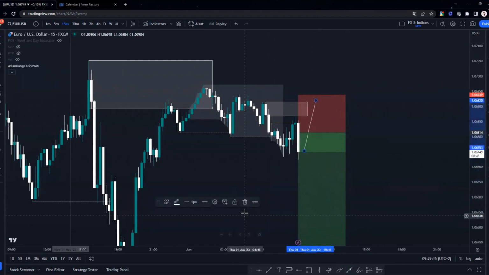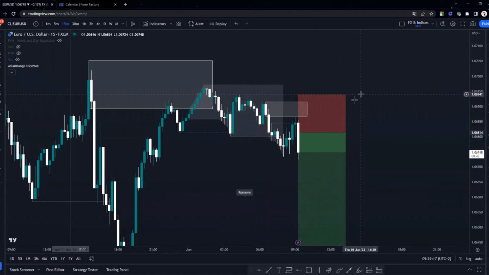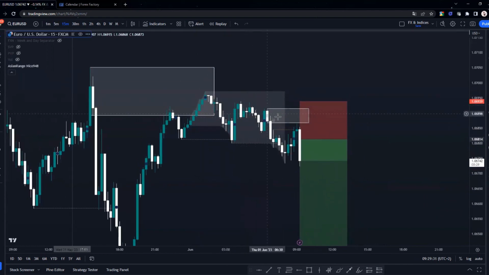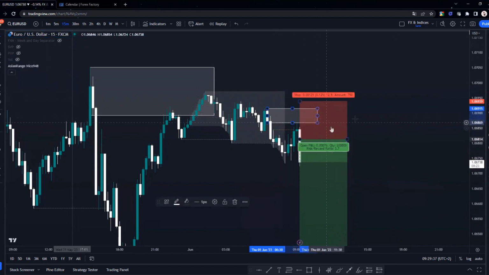So this is just the reason why I have my stop loss over here, because if price goes and breaks this high, the setup would be invalid, because all this area is already mitigated by price, and this is the only area that's not fully filled, fully mitigated.